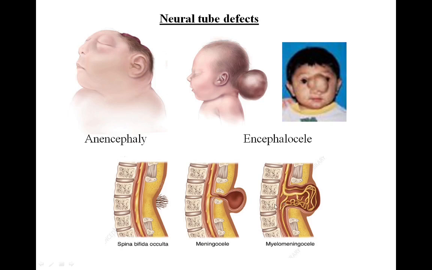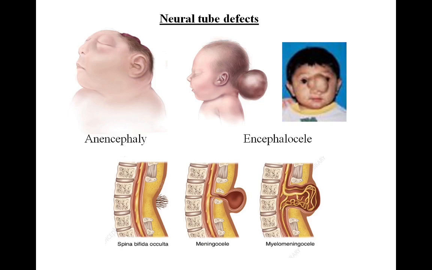But when some of the substance of the spinal cord comes out, that is known as meningomyelocele, or myelomeningocele, whatever. In that case, there will be some symptoms. That is the most severe case of spina bifida.